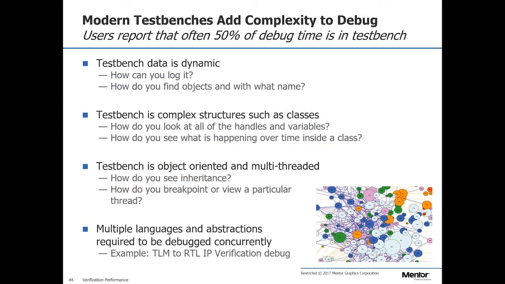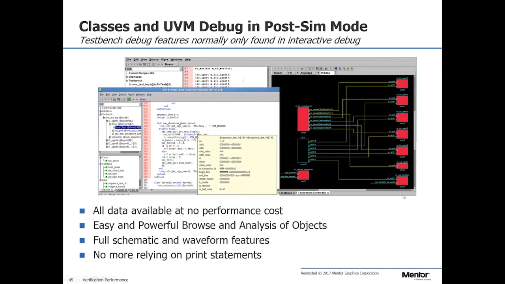Now, especially once you get into SystemVerilog and UVM, debugging testbench stuff can be difficult because SystemVerilog testbenches are dynamic and class-based. There's a lot built into Visualizer to help you debug SystemVerilog testbenches.